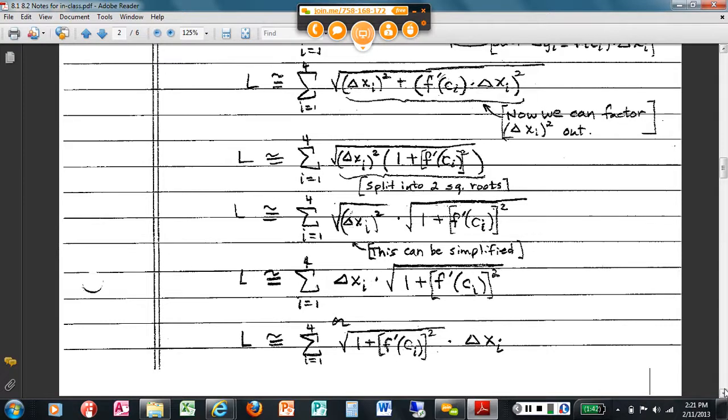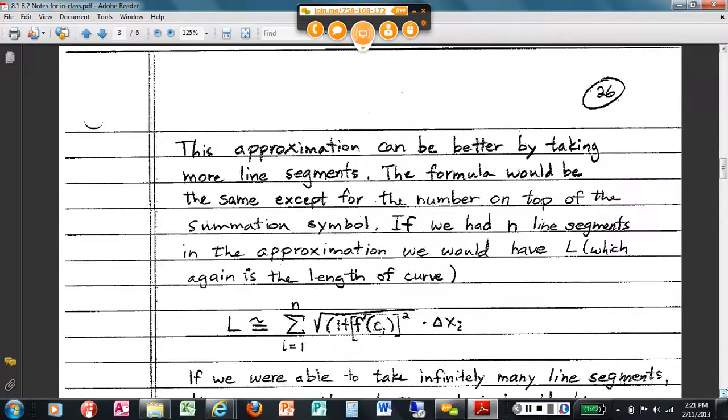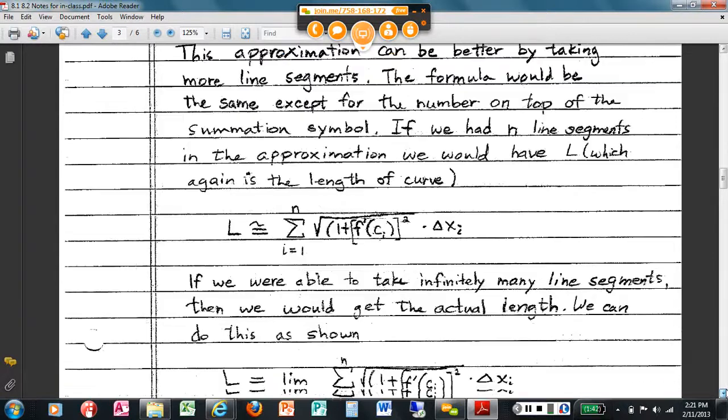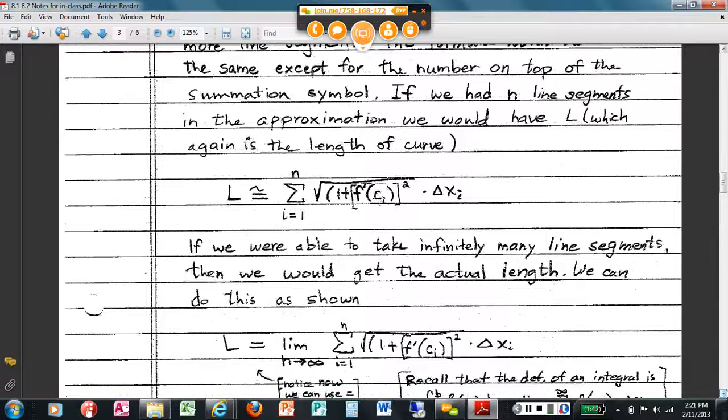If I could do infinitely many of them. So let's run this top number to infinity. So there you go. Do n segments. And if I could run n to infinity, that would be even better. Matter of fact, that would be exact, wouldn't it? If I could do infinitely many of those segments, that would be exact.